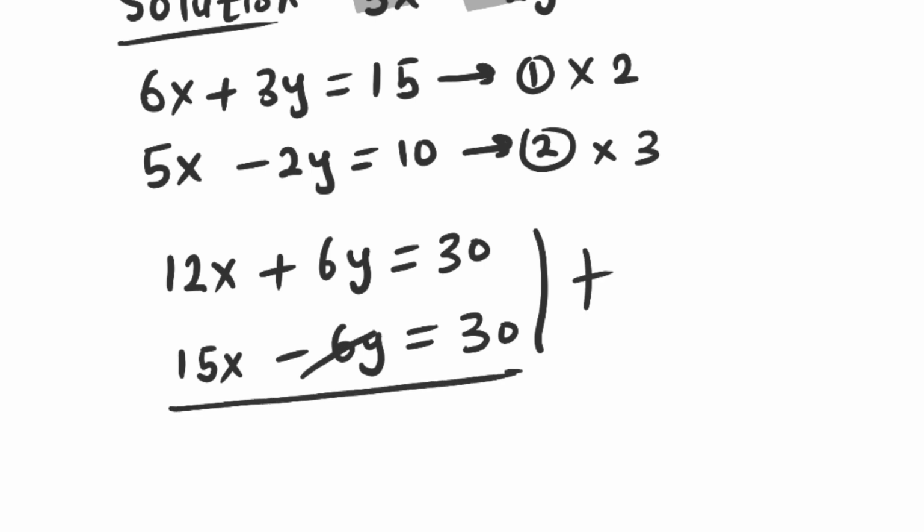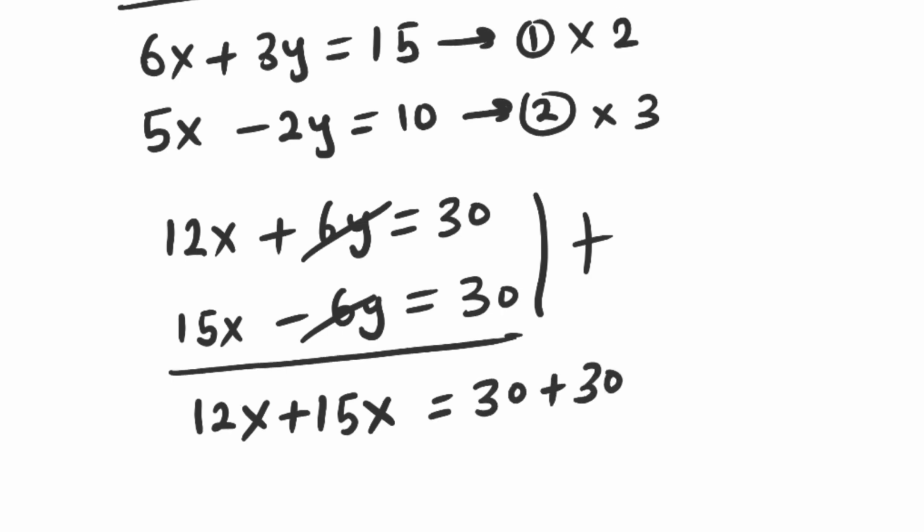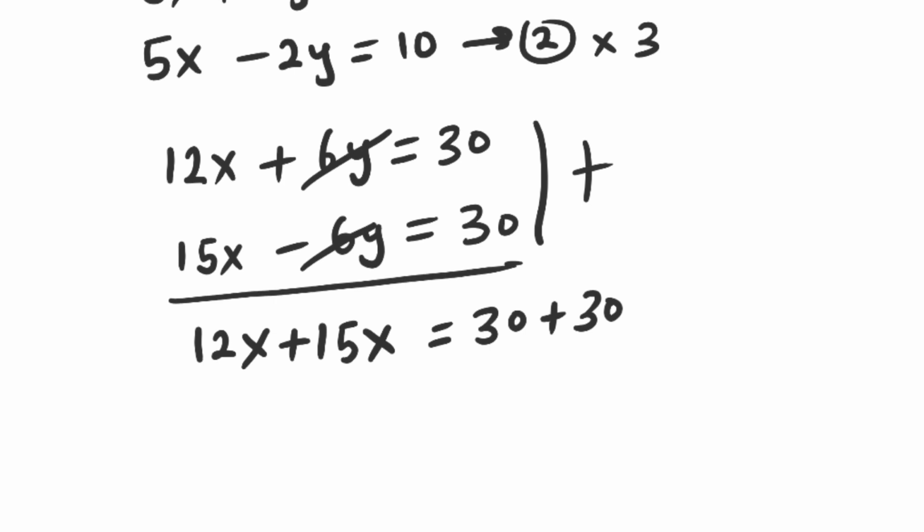Now this cancels this. We have 12x plus 15x is equal to 30 plus 30. Then 12x plus 15x, that is 27x, is equal to 30 plus 30, that is 60.